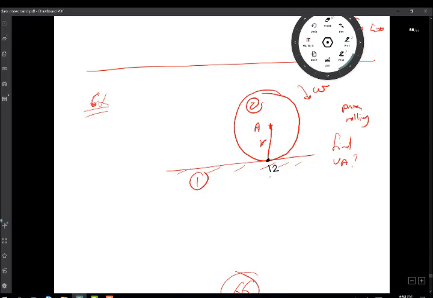If this is 1,2, common between 1 and 2, then what is the velocity of this point? It has to be 0. Any velocity that's shared with link number 1 is 0 because link number 1 is stationary. This means straight away I can look at this wheel as being pivoted over here, under pure rotation.